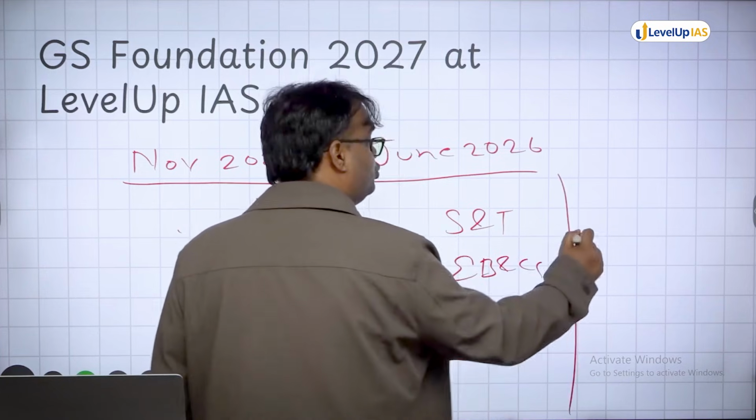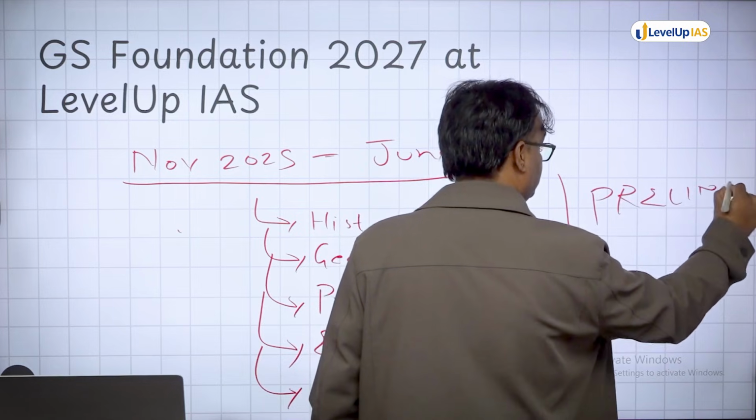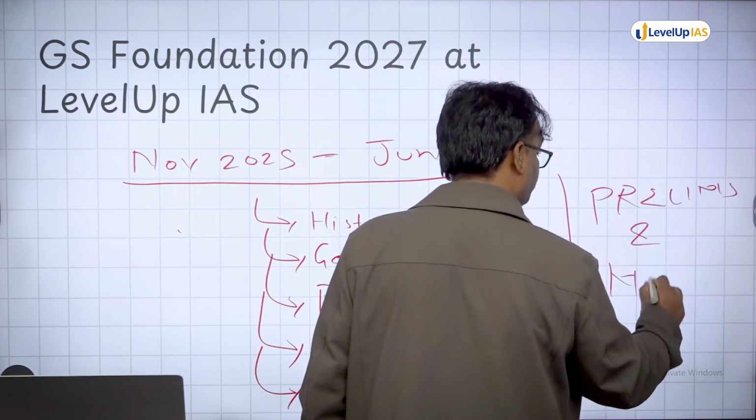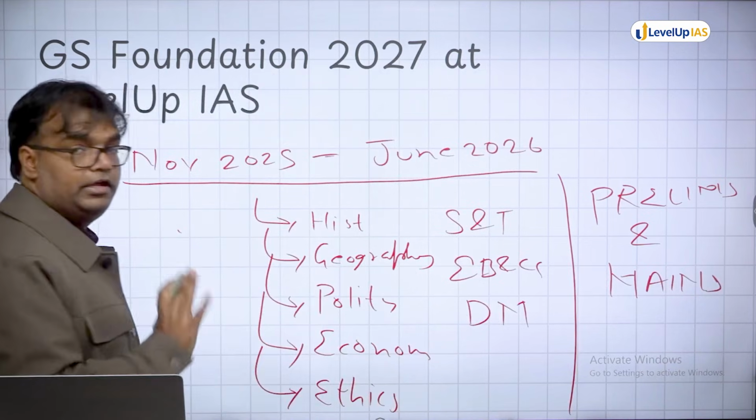The idea is that you should be done with these for both prelims and mains. In the GS Foundation program at LevelUp IAS, in phase 1 we are doing this.